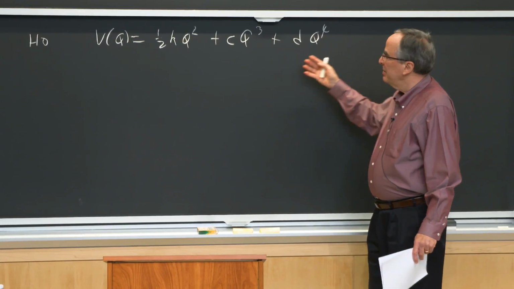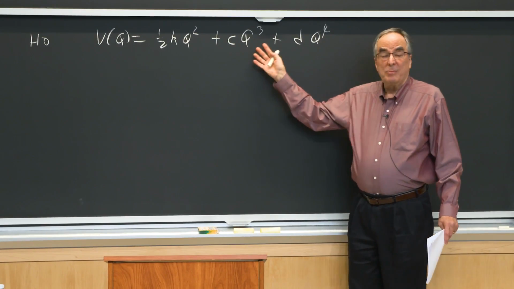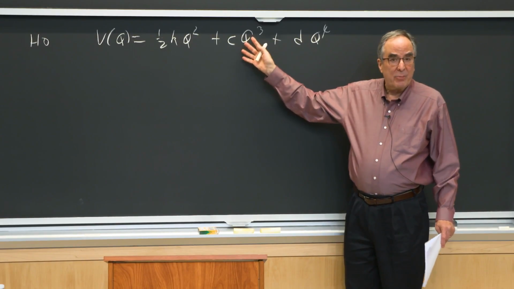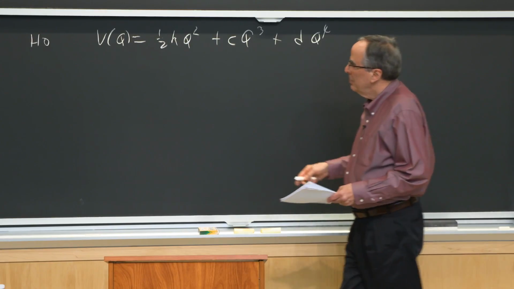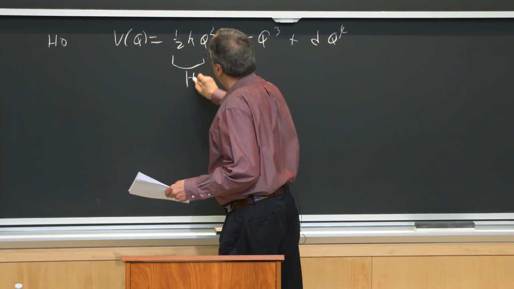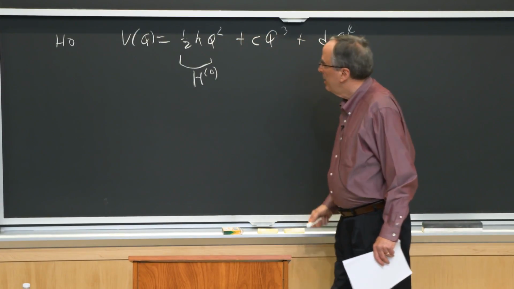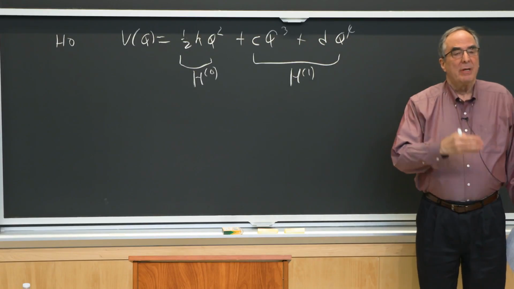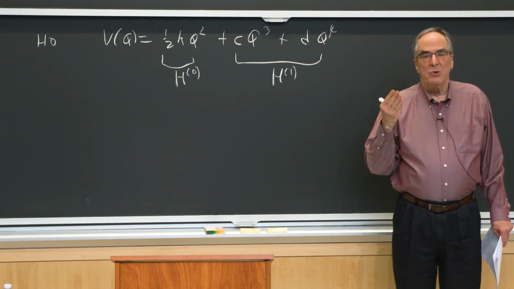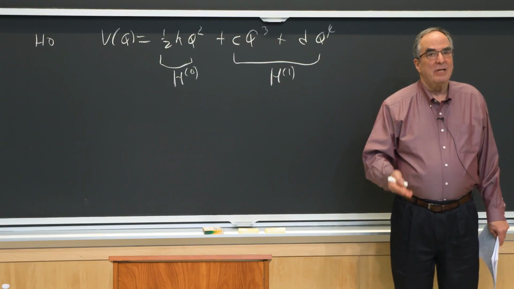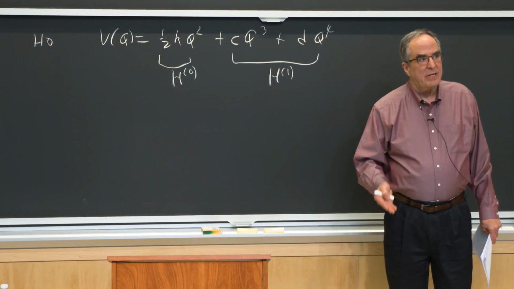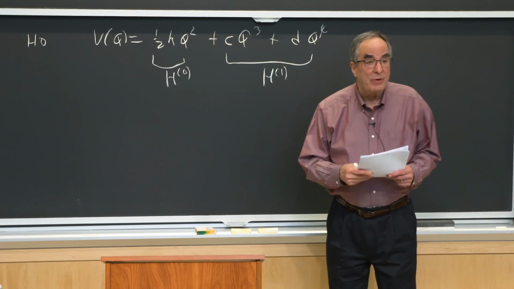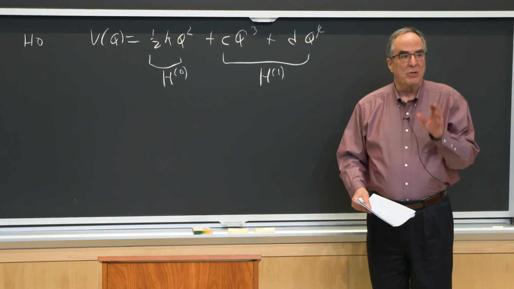We could go on, but this is enough because it gives a glimpse of all of the important stuff that emerges qualitatively as well as quantitatively from perturbation theory. So this is part of the H0 problem, and this is H1. You know now that doing second order perturbation theory is tedious and ugly, and it's easy to get overwhelmed by the equations. But what I want to do is just review how you get the crucial structure of the problem.